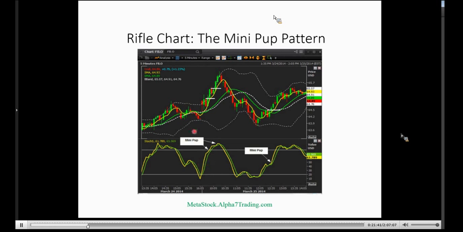Now we all know that stocks rarely continue to go up in one fell swoop, and usually when they do, it's very hard to catch that. So when you get a spike and then a reversion, in other words, you get that green candle spike, then you get the reversion, a counter candle.